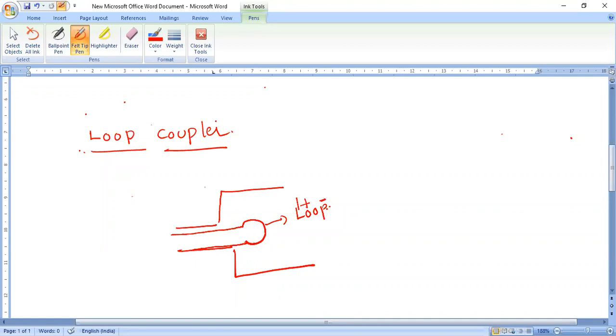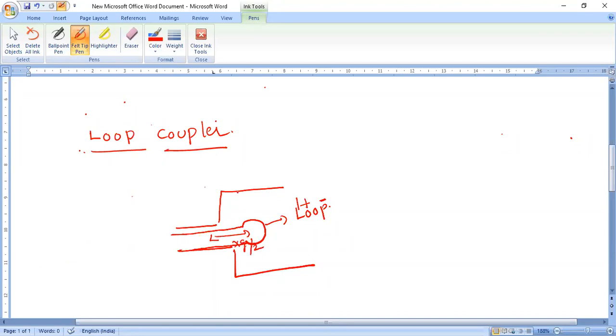The loops can be mounted at the end of the wall, as I showed here, at the end of one of the shorted walls, or at the middle, top or bottom, at a distance of lambda g by 2.